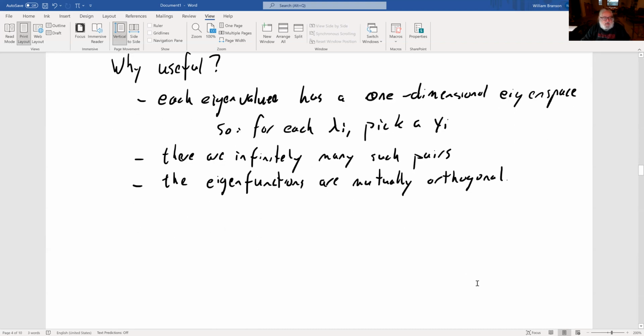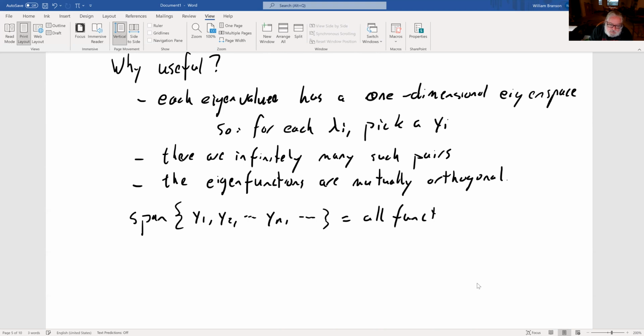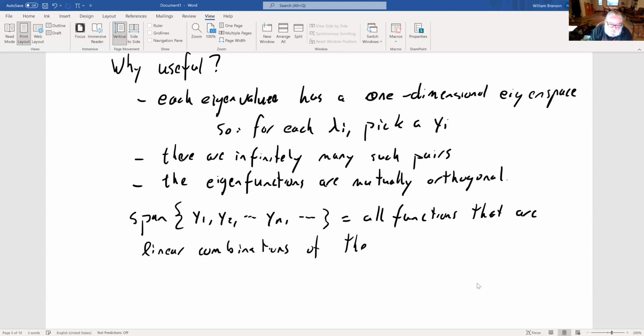Great. So what does that mean? Well, the span of a set of vectors, so the span of the yi's that we've picked, is all functions that are linear combinations of the eigenfunctions.